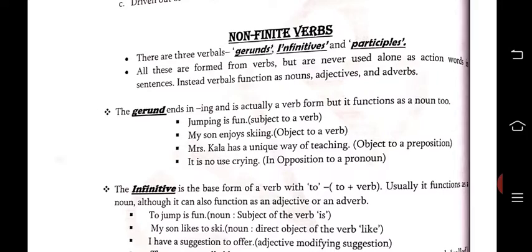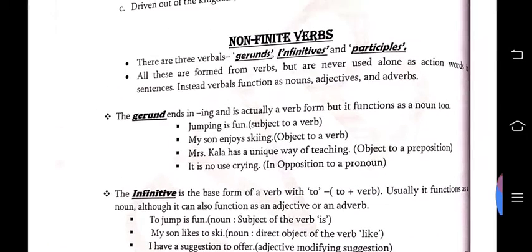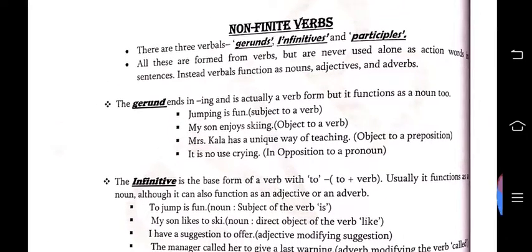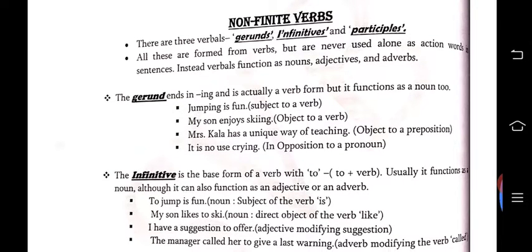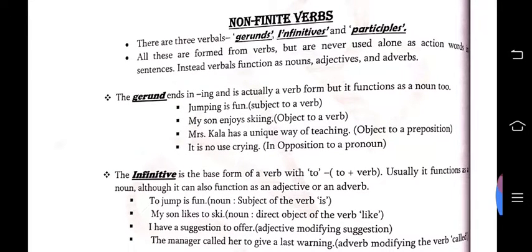Okay, so see, there are three verbals: gerunds, infinitives and participles. All these are formed from verbs but are never used alone as action words in sentences. Instead, verbals function as nouns, adjectives and adverbs.